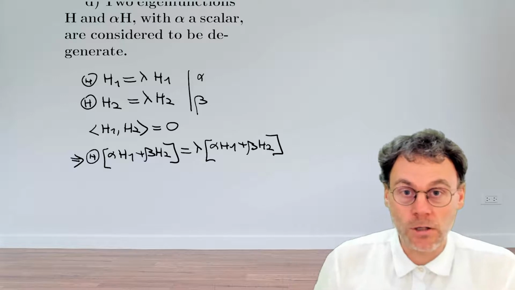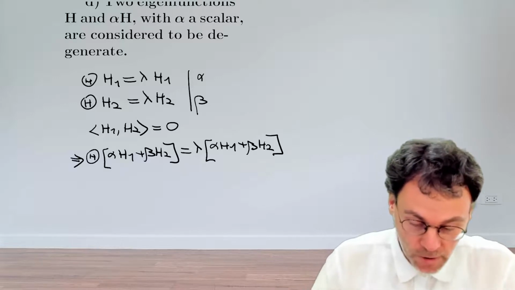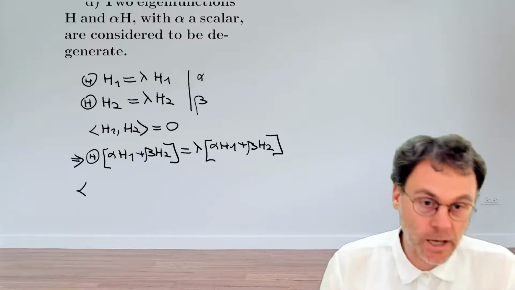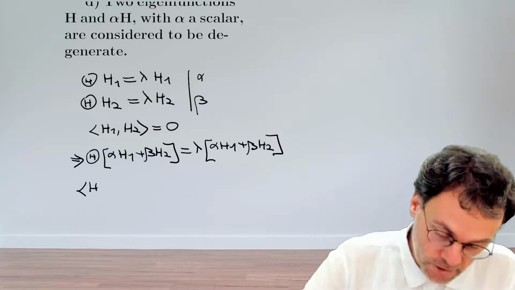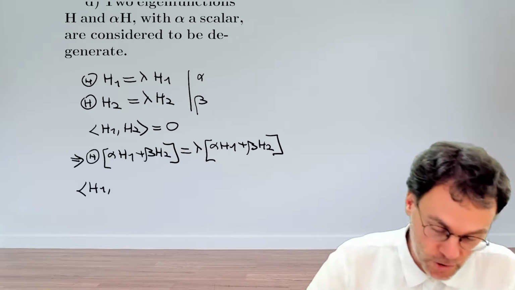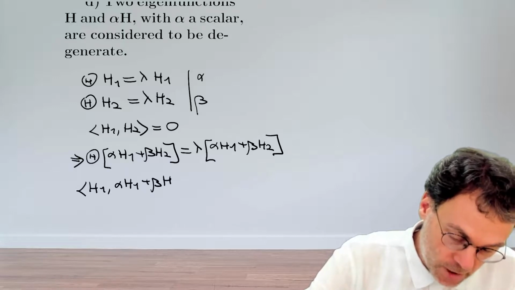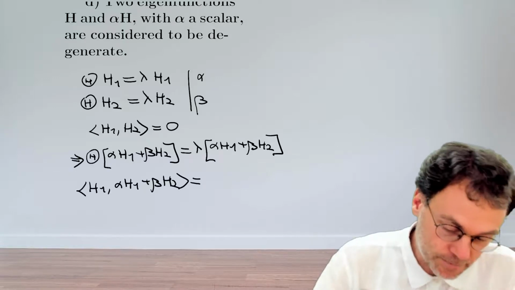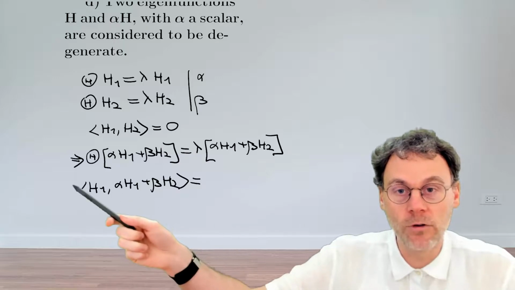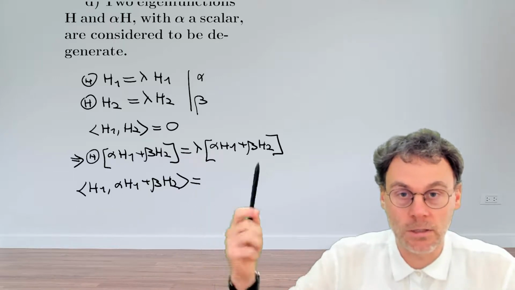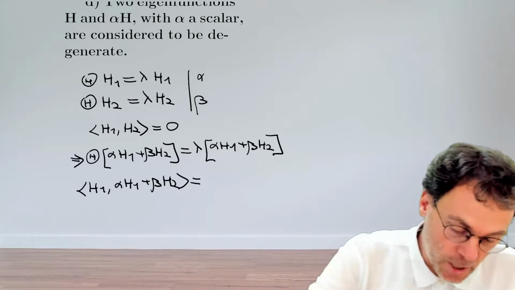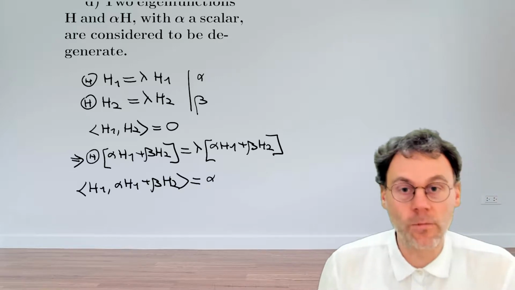So we've constructed a new eigenfunction, and we can ask ourselves the question, is this eigenfunction orthogonal to, for example, h1, which we originally started our argument with? Now if you calculate that scalar product, obviously h1 with h2 is 0 because they're orthogonal, but there's also a contribution from h1.